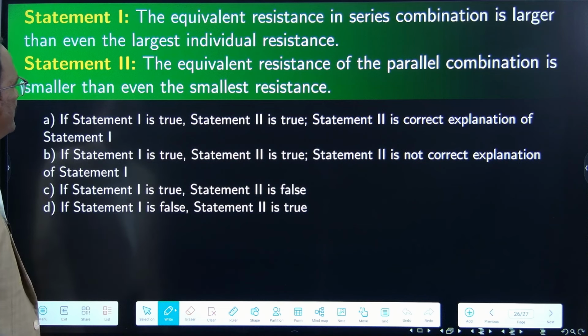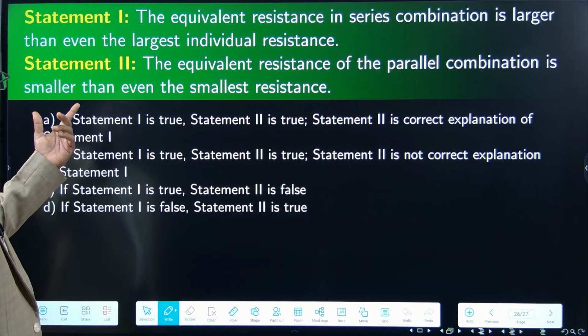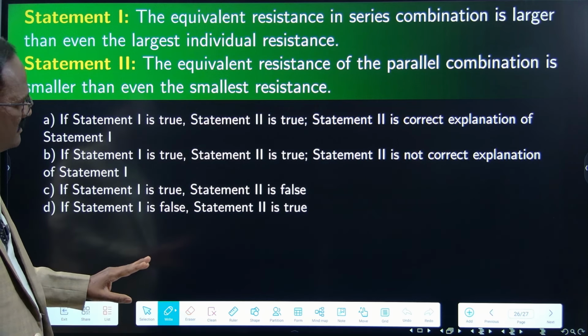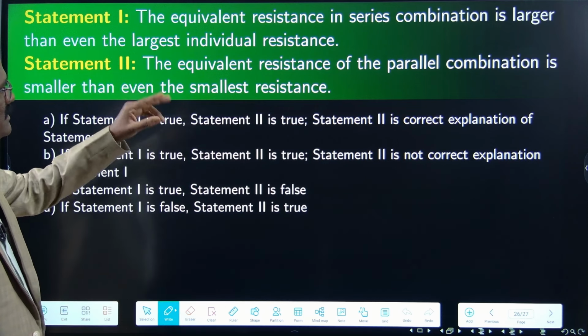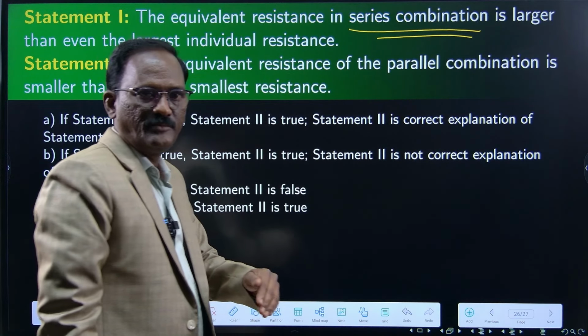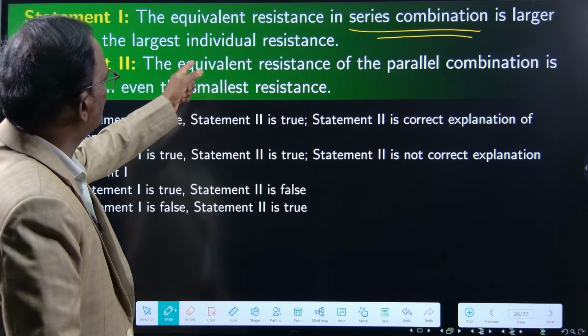Two statements are given. The equivalent resistance in series combination is larger than even the largest individual resistance. Yes, true. In series combination, the equivalent will be higher than the largest individual resistance.